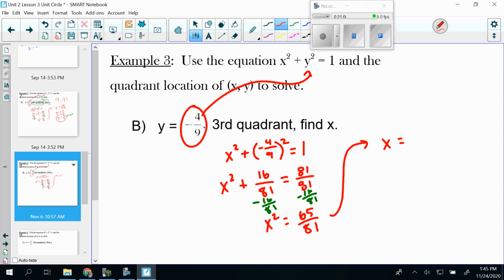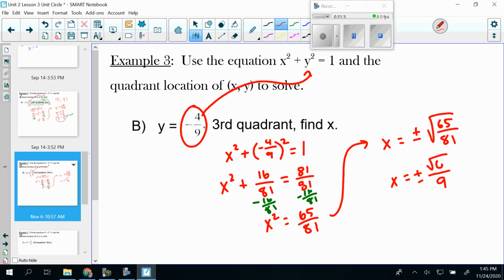Okay, next up, let's square root now to find x. So x would be plus or minus the square root of 65 over 81. Now that bottom number we can definitely square root, which would just give us 9. The top number, the square root of 65, is not a perfect square. And I don't think there are any perfect squares that divide into there, because 13 and 5 are the two numbers that divide in, and neither of those are perfect squares.